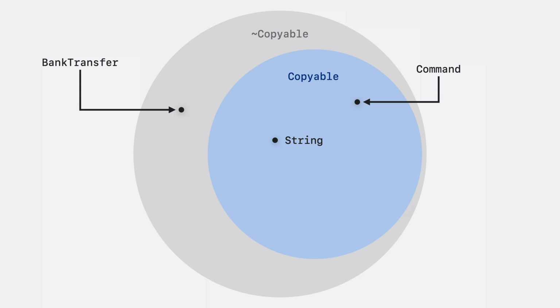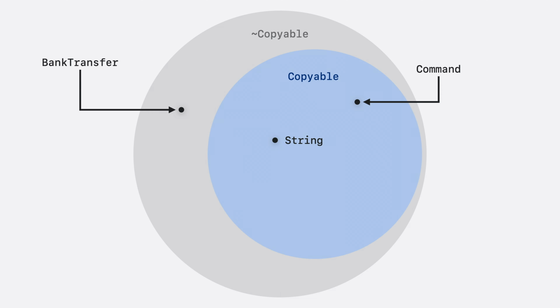Most types in Swift that you're familiar with do conform to Copyable. So, how are they contained within tilde Copyable? As before, within this broader space, you cannot assume any particular type conforms to Copyable. It might be Copyable, but it also might not. That's how you should read tilde Copyable.